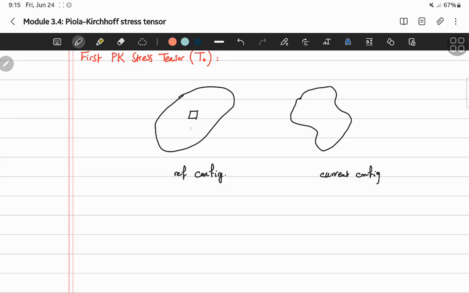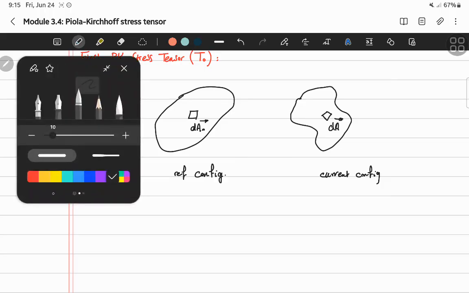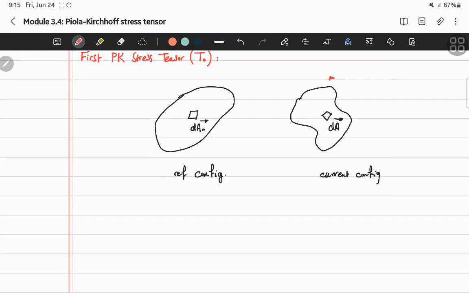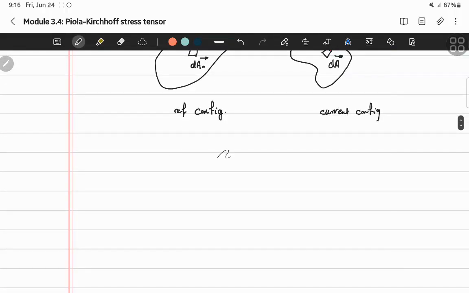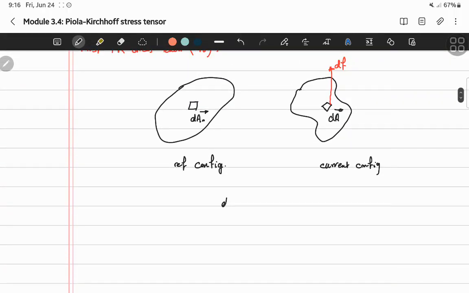So you have an element like dA0 in here. So this is a vector, and this actually deformed like this, and then it became dA in the current configuration. So you also have a force vector df in here. So let us define df is equal to t.